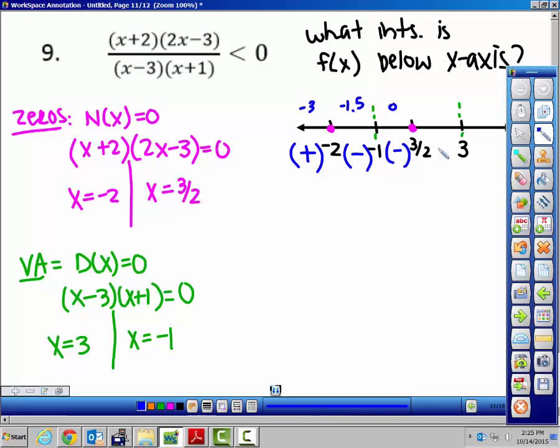All right, and then I'm going to choose 3 halves. That's 1.5. So between 1.5 and 3, I'm going to choose 2. That would give me 0 here. And this would give me, if I plug in a 2, 4, that would give me a positive.